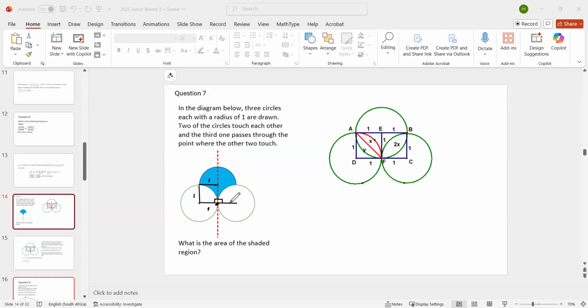Okay? And now even on this side, you can do the same thing. If you join this to that, join that to that, and again you'll have 1, 1.